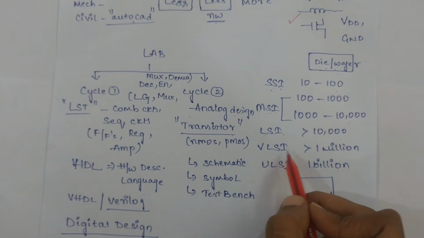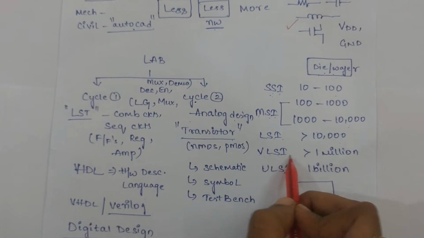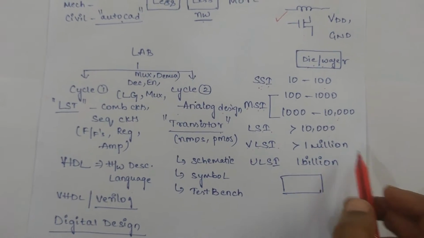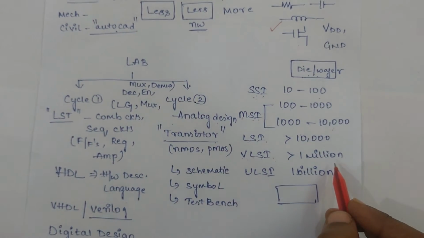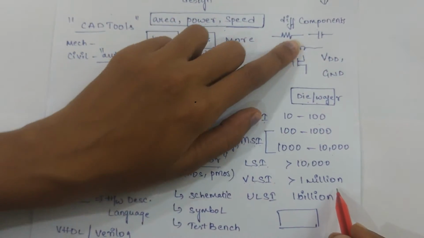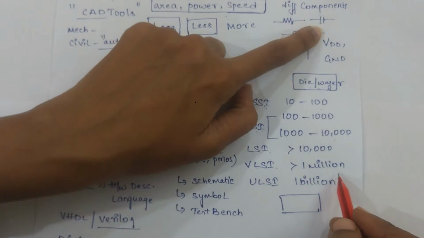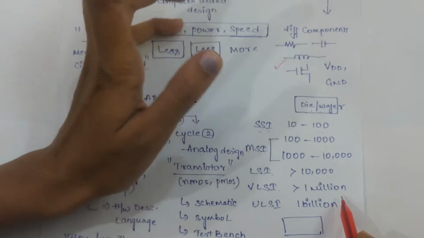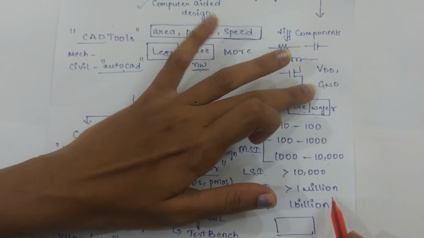Next one is VLSI, very large scale integrated circuit. It consists of more than 1 million transistors. An IC doesn't contain only transistors. With these transistors you will have all the different active and passive components like resistors, capacitors and inductors, along with clock circuits, VDD supplies and ground supplies.